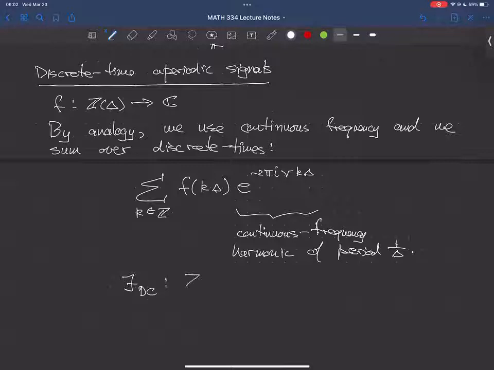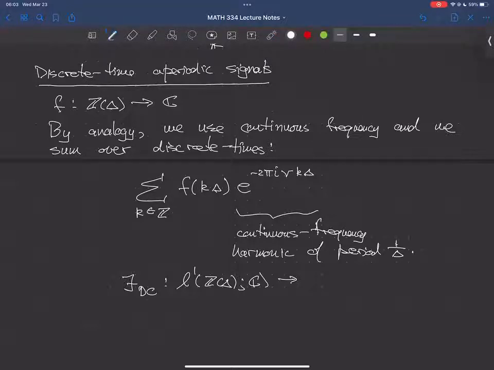So this is going to be from little l1 of z delta into C, and what are we going to get back? We're going to get back a continuous frequency function, but I don't really know very much about how this thing depends on nu. It turns out if f is in little l1, this thing is going to be a continuous periodic function, but that's jumping ahead of ourselves.